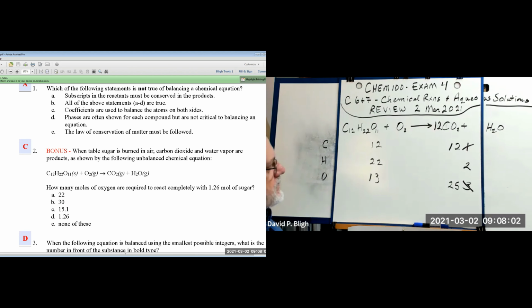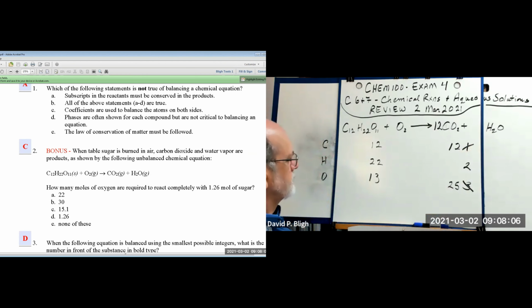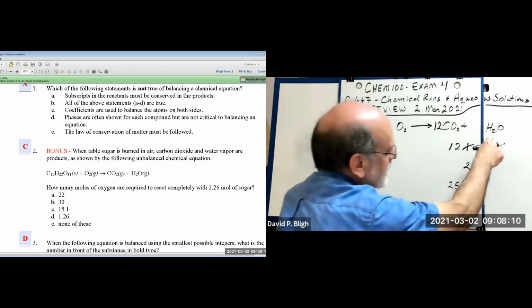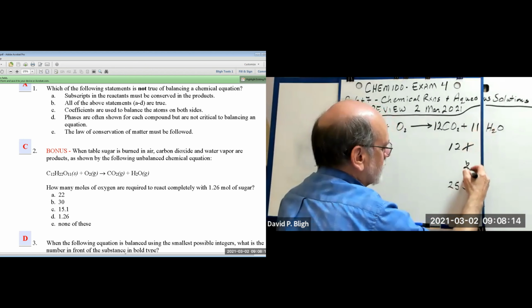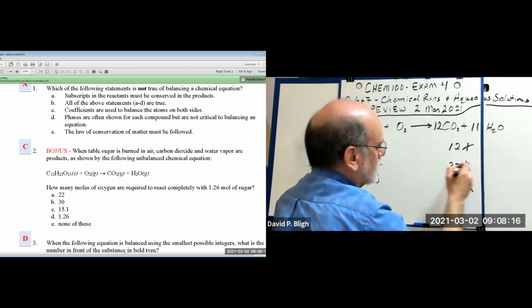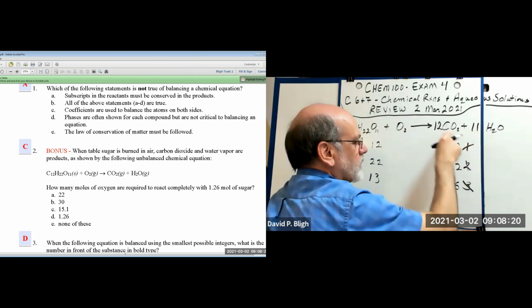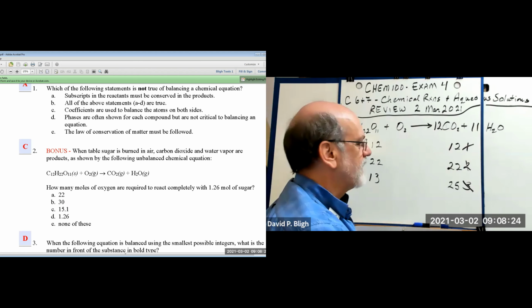Hydrogens. How about hydrogens? Let's see. Hydrogen occurs in one place here and one place there. That's good. So if we need 22 hydrogens, if we say 11 times this one, that should give us 22. Right? It also gives us 11 oxygens and 24 oxygens is 35 oxygen.